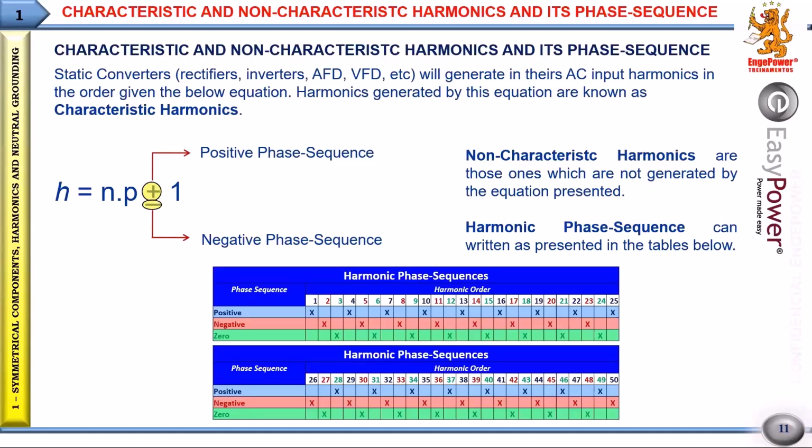Harmonics that are multiples of 3 are zero sequence harmonics. So this pattern here doesn't change. Harmonic of order 1 is the fundamental frequency, 60 Hertz or 50 Hertz, depending on the country. This fundamental is positive sequence. The second order is negative sequence. The third order is zero sequence.